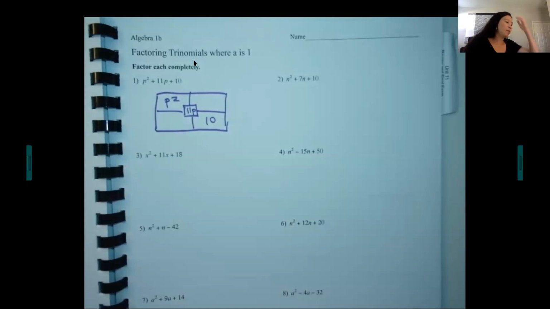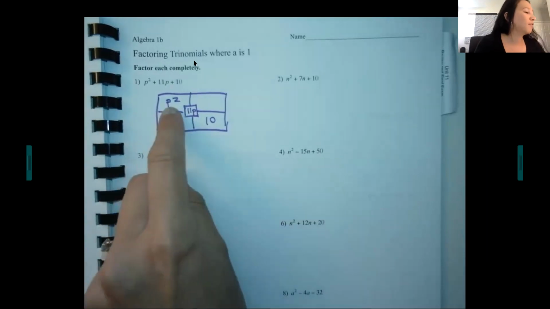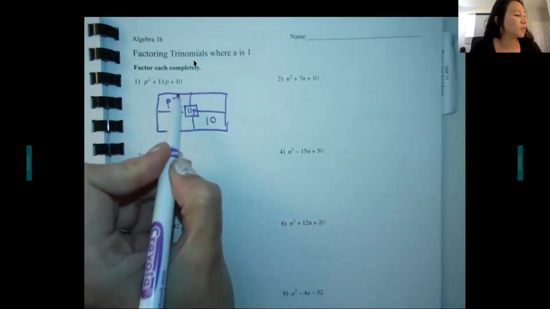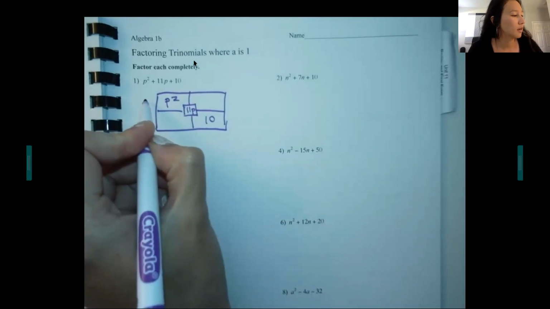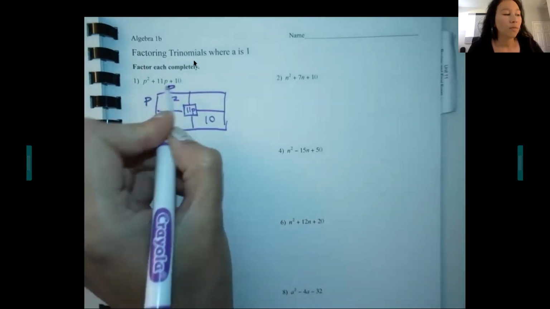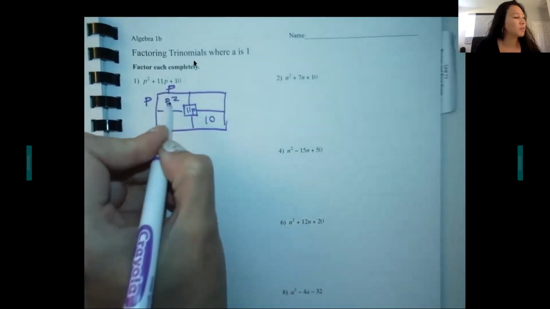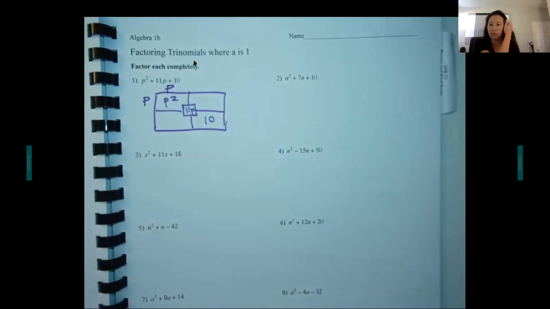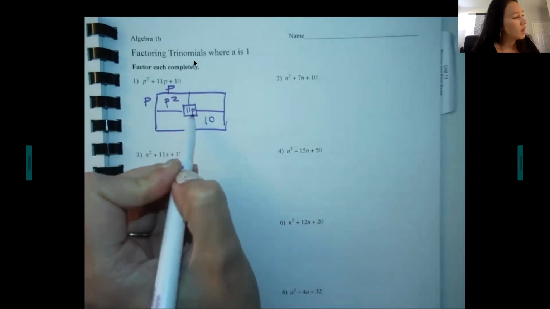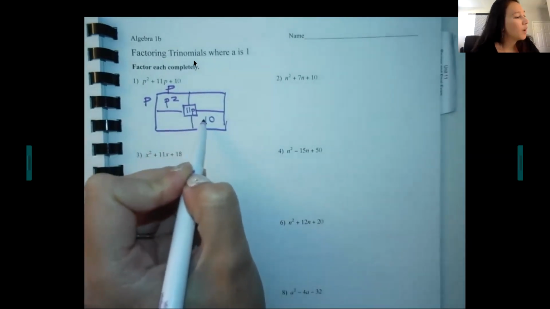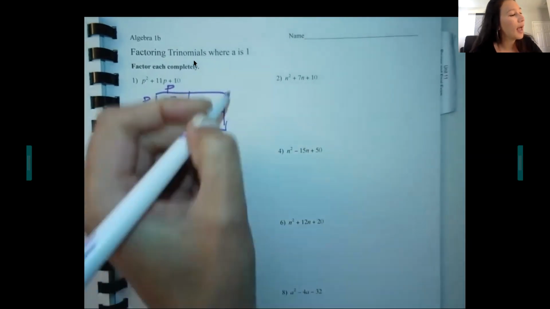Okay, so now we want to find the sides of our first box. So what multiplies to give us p squared? We only have one option, p times p. P times p is p squared. And then we need to figure out what multiplies to 10 and adds to 11.